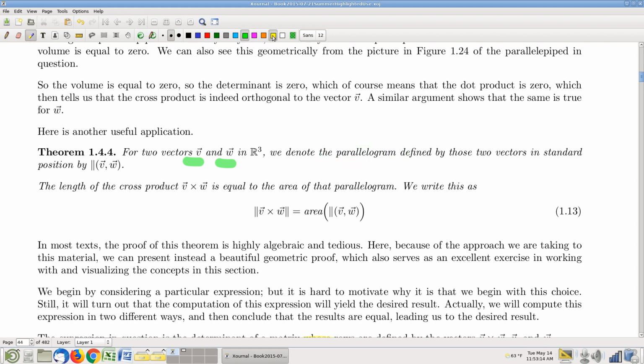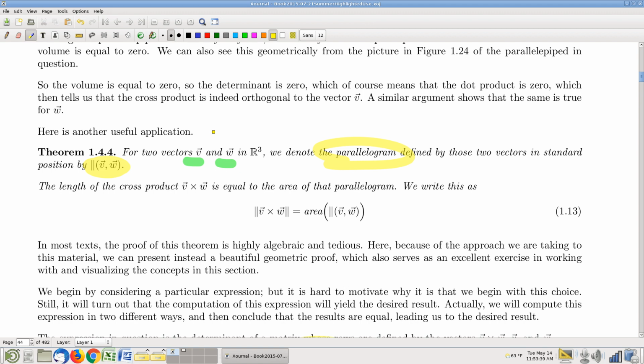The parallelogram that's defined by those two vectors. I'm going to use this notation. By the way, I made this notation up. Hoping it catches on. But two parallel lines followed by a list of two vectors, and the implication is that this is the parallel thing defined by these two vectors.